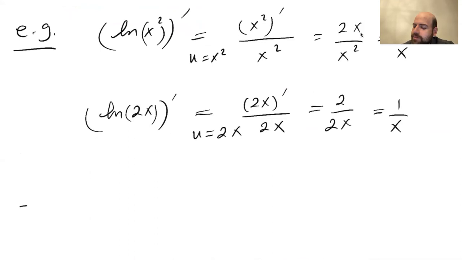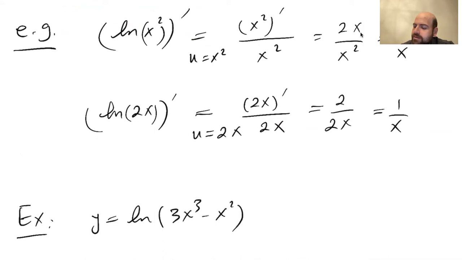Okay, let's look at another example. Let's say y equals x times ln of x cubed minus 2x squared.